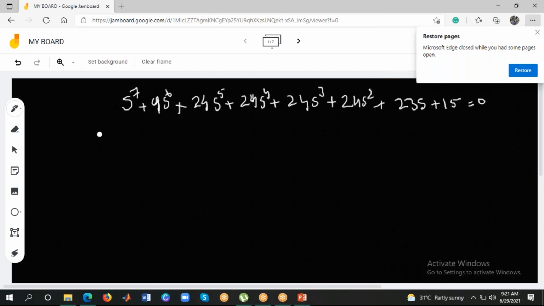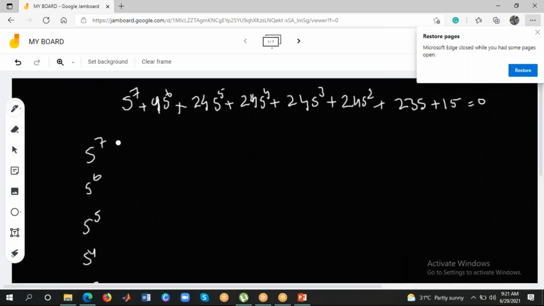So first I am going to construct the Routh array. The highest order is s power 7, s power 6, s power 5, s power 4, s cubed, s square, s power 1, then s power 0.